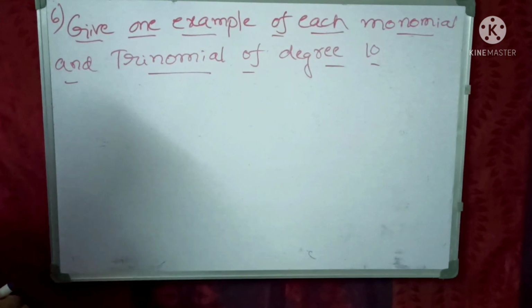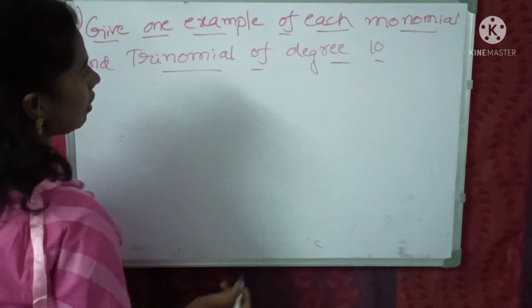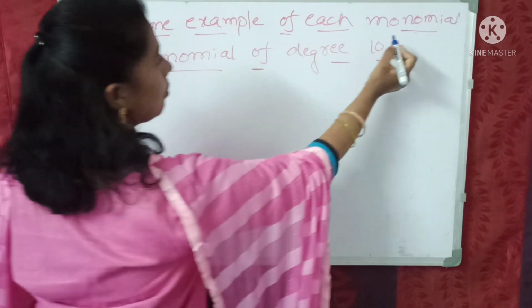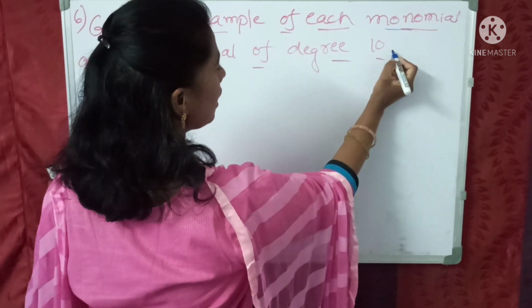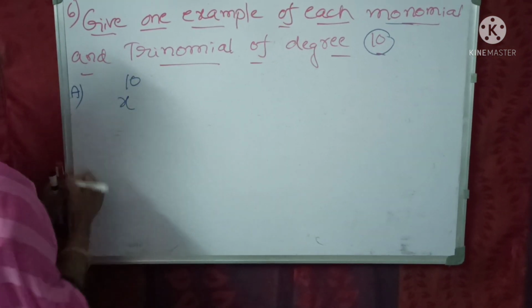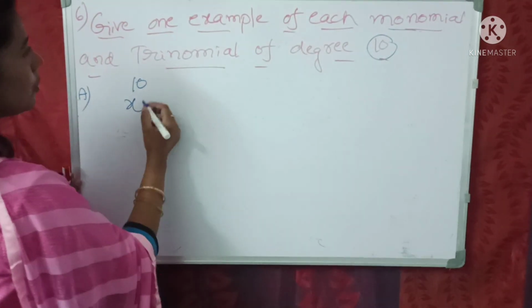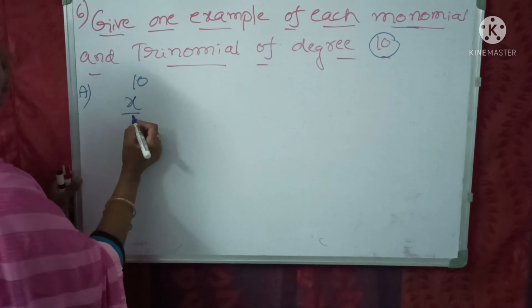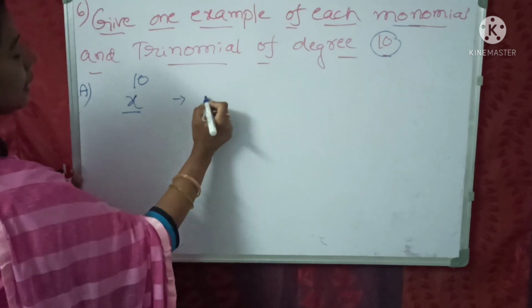Monomial means there is only one term. We can choose the degree 10, so x to the power of 10. The monomial of degree 10 is x to the power of 10. In this polynomial there is only one term. This is a monomial of degree 10.